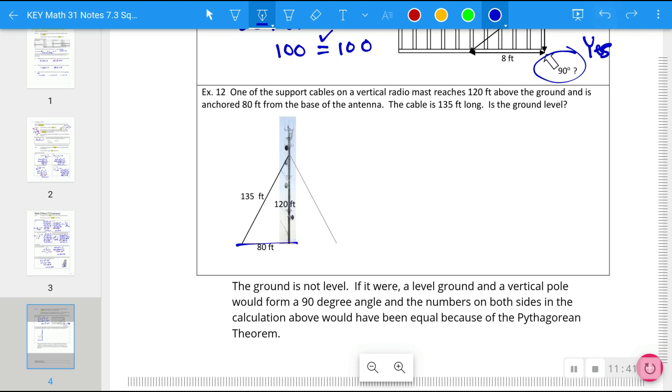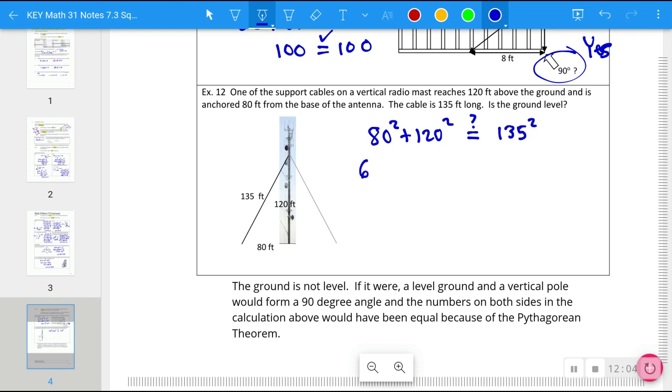We're not sure it is yet, so we're going to test that. Okay, the two smaller sides are the ones that are A and B. And you don't know that these are equal, so you put a question mark there. If they are, you'll say, yeah, this is a 90-degree corner, and the conclusion then would be we've got level ground.